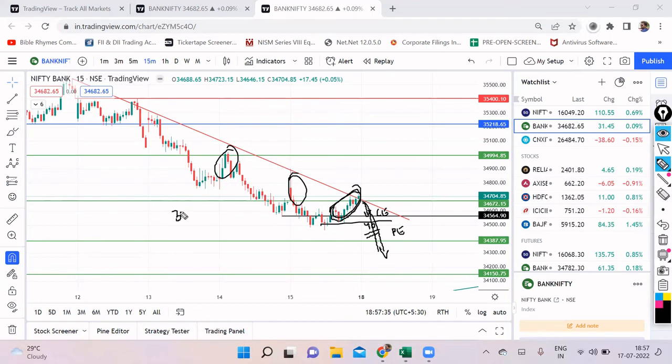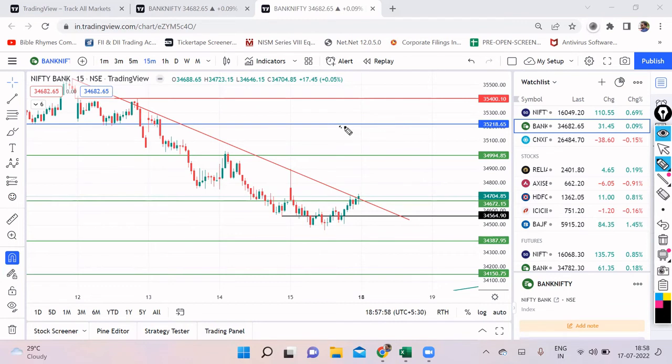We can definitely see 34,380 and then 34,150. 34,380 can be achieved tomorrow. Even 34,150 can be achieved tomorrow if the expected fall goes according to plan. But in case we open gap up, 35,200 is an ultimate resistance.